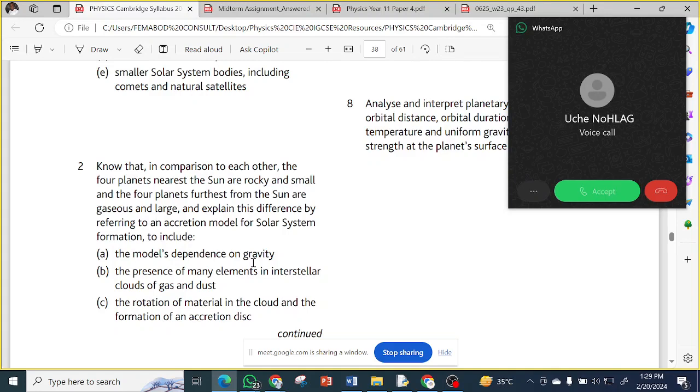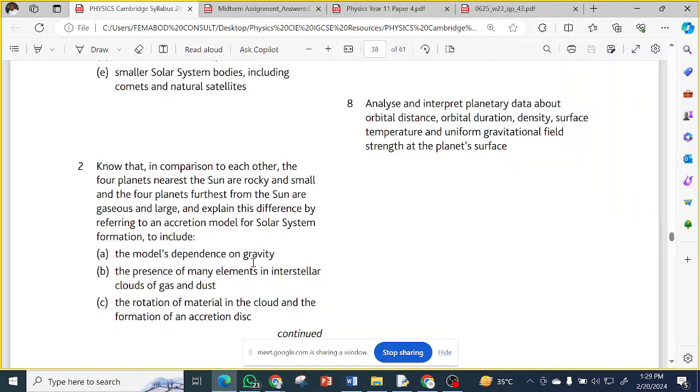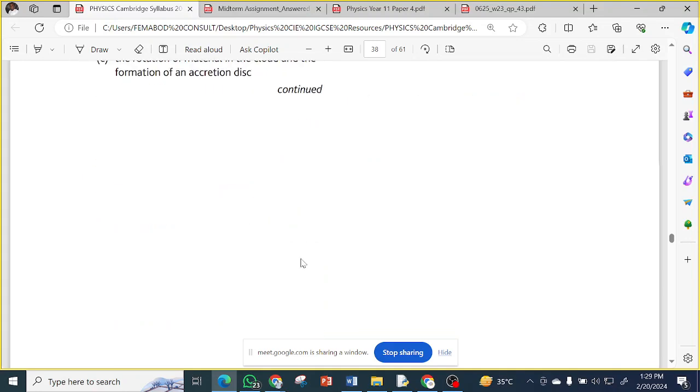As these dust and particles continue to rotate in a cloud, they form what we call the accretion disk. And it's the accretion disk that continues to form that, at the end of the day, brings about the formation of our current solar system.